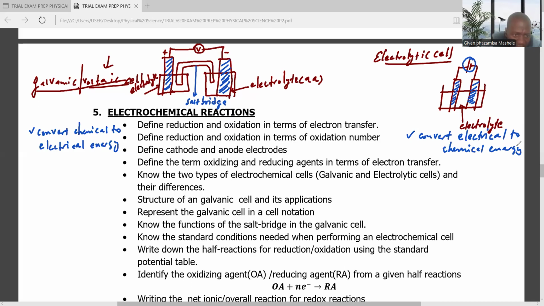Secondly, in terms of structure, this one is in two cells, then this one is in one cell, but we're not going to talk about that. The reaction in a galvanic cell is called a spontaneous reaction.